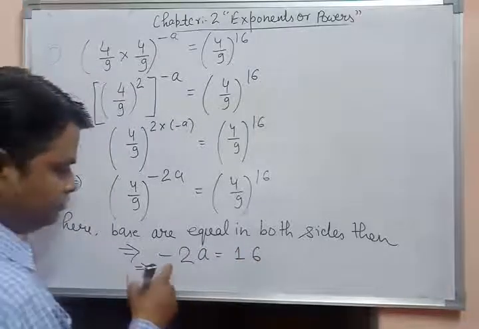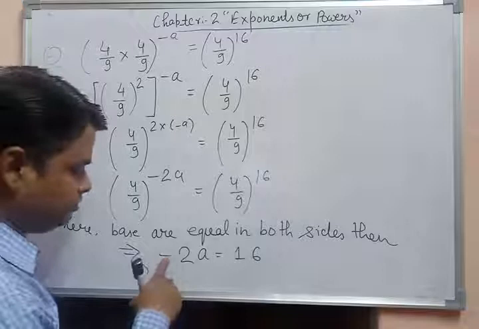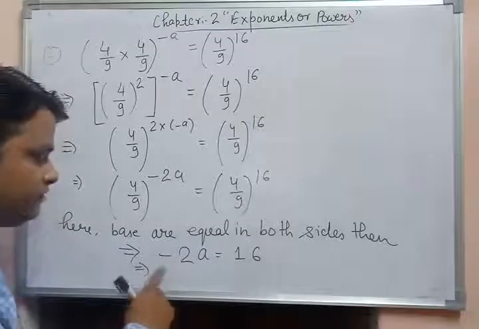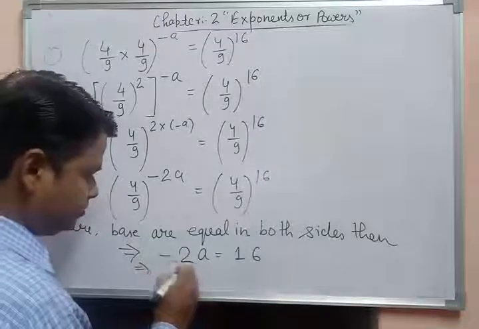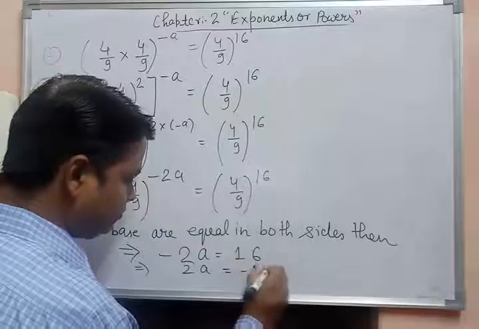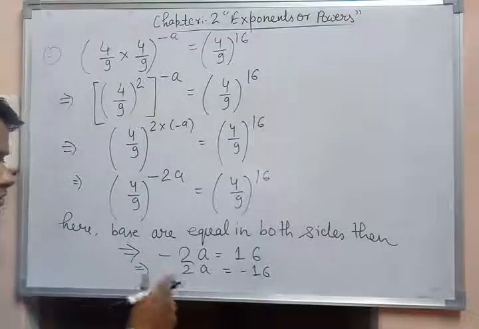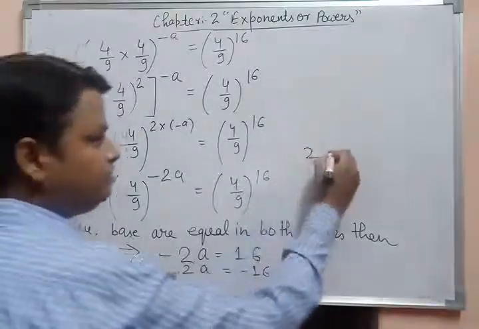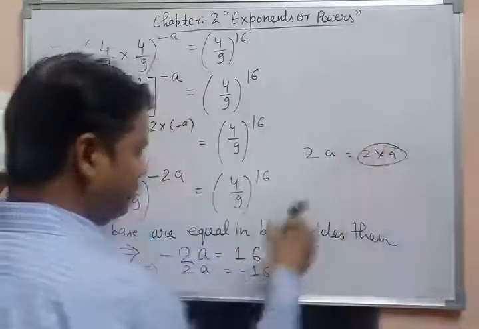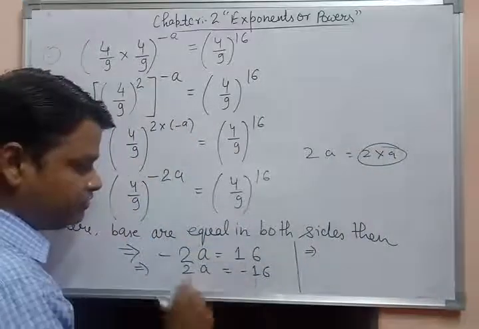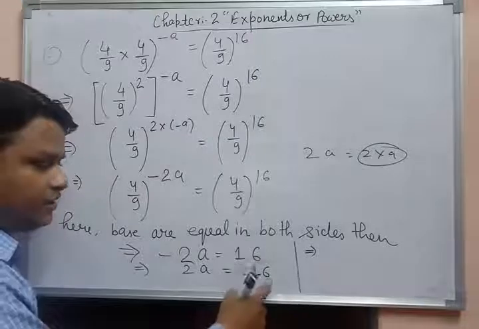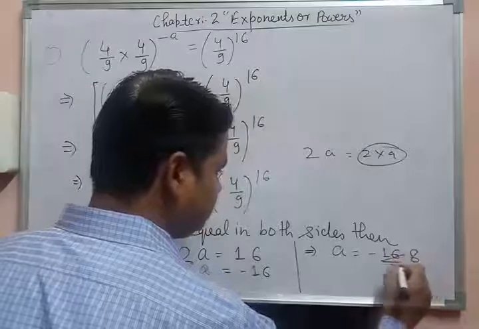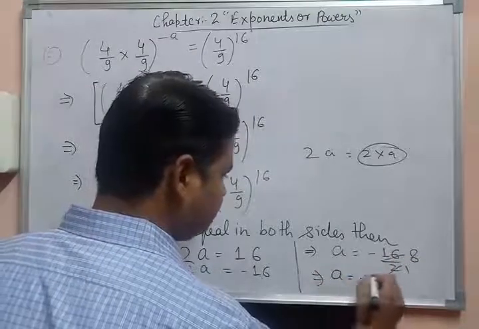Then you have to change the sign: multiply both sides by minus 1. Then we get 2a is equal to minus 16 after multiplying by minus 1. 2a means 2 multiplied by a, so you have to shift 2 to the other side by dividing. a is equal to minus 16 upon 2, that is a is equal to minus 8.